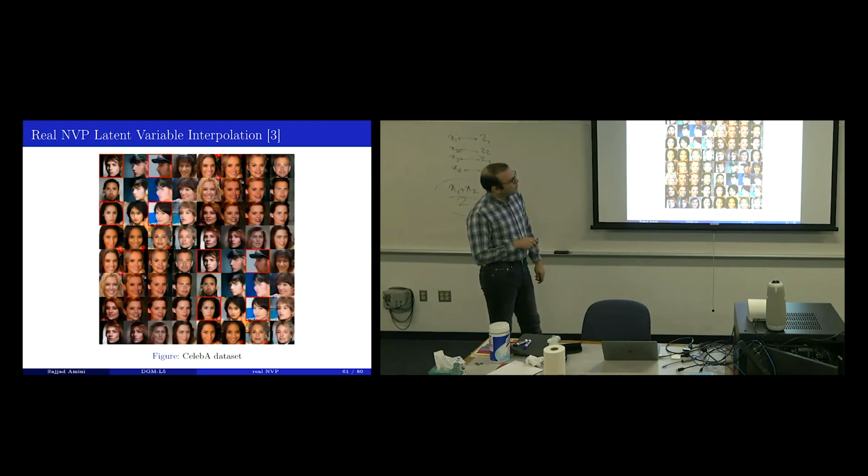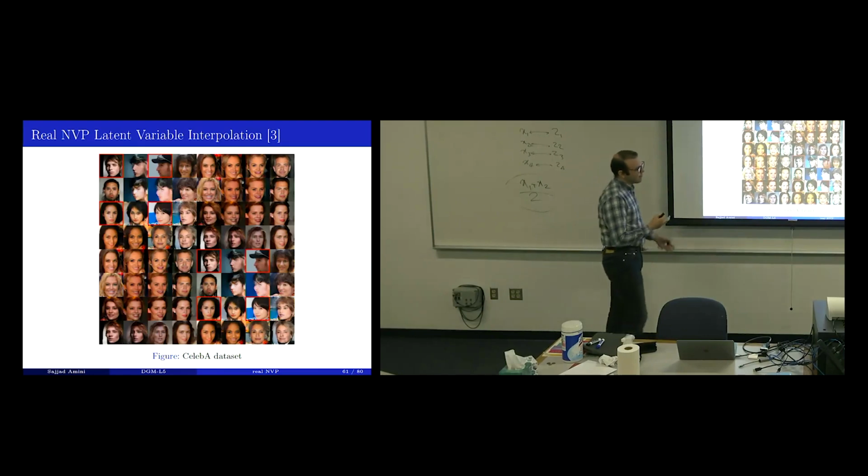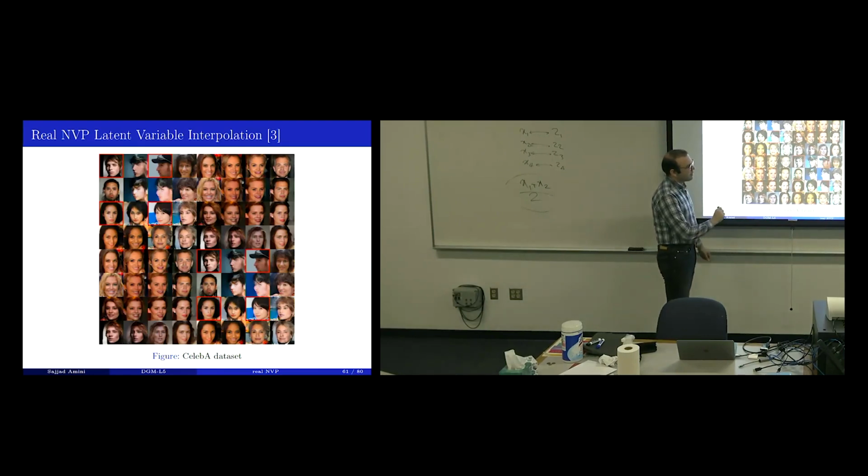And also we see that here you have some attributes of both nearest images. For example, this image is really similar to both this one and this one, and it means that it is interpolating the features in the latent space. Understandable? Okay.